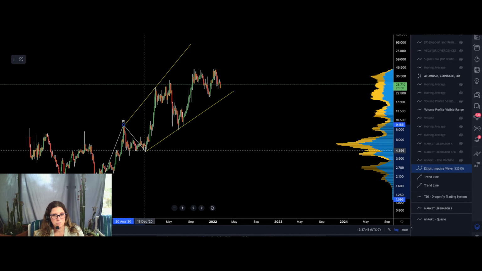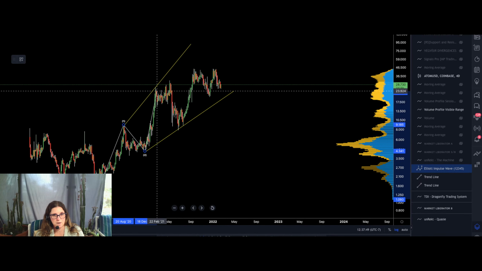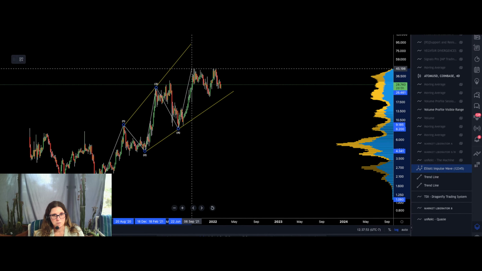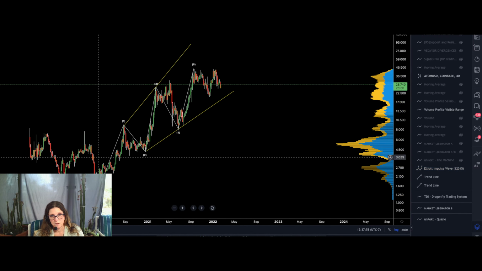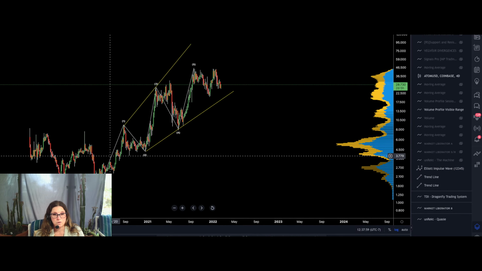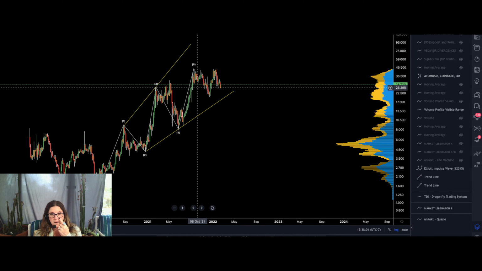3, 3. We'd have to consider this a zigzag. 3, 3, 3. Expanding leading diagonal. There's several altcoins that have this look. One is XRP.